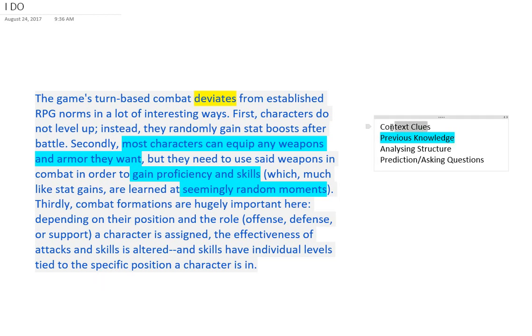So now I think I want to go back and use my context clue strategy to better understand deviates. If you remember, that sentence is: the game's turn-based combat deviates from established RPG norms in a lot of interesting ways.